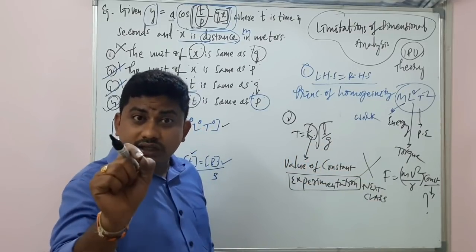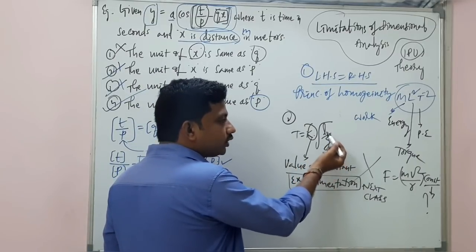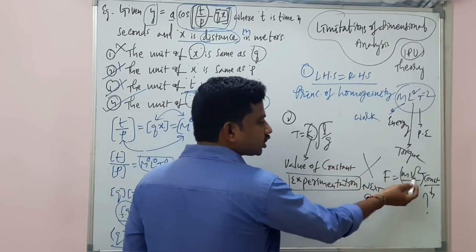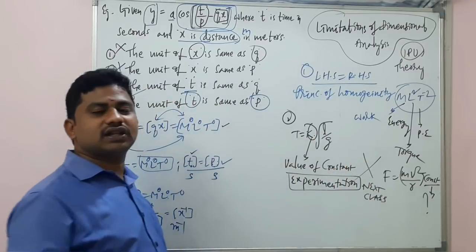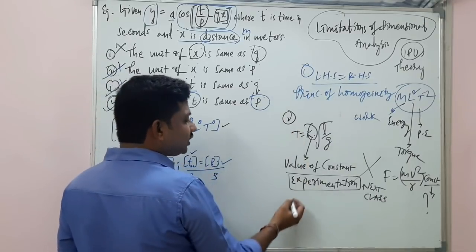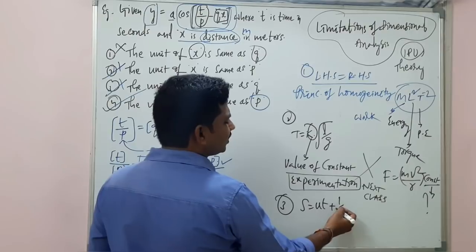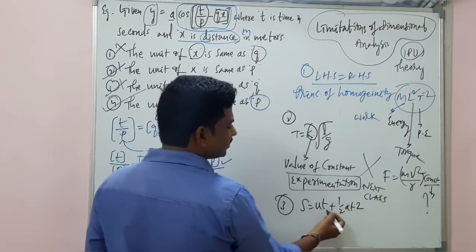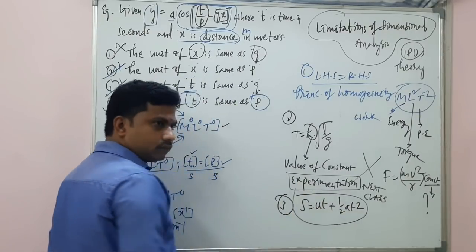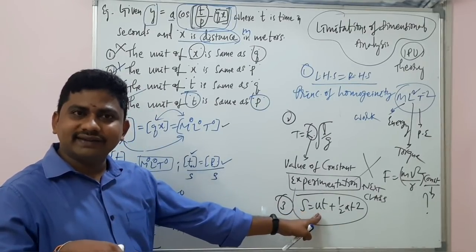And only if the physical quantities are related according to the division or multiplication, only then the dimensional analysis can give you the relationship. For example, by using the dimensional analysis, I cannot derive the equation half a t square plus u t. Is it possible to derive this equation by using dimensional analysis?